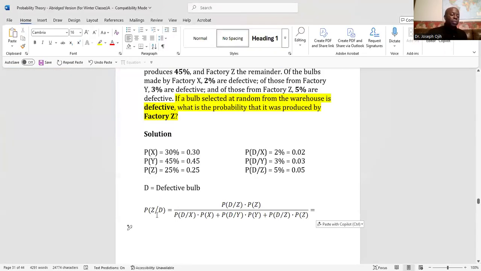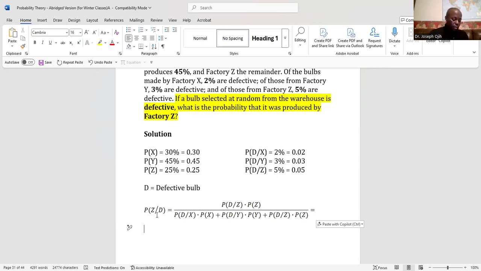So now we can start putting in the numbers. First of all, let me write the formula. Probability of defective given factor Z times probability of factor Z, over probability of defective given factor X times probability of factor X, plus defective given factor Y times probability of factor Y, plus defective given factor Z times probability of factor Z. Let me write all these numbers out.